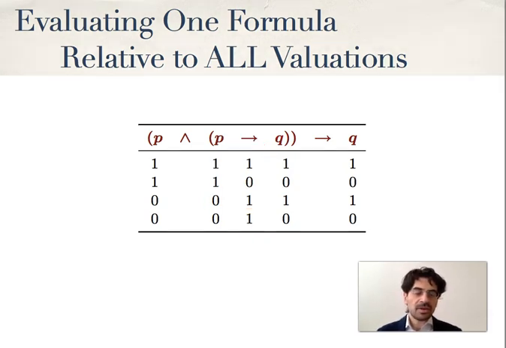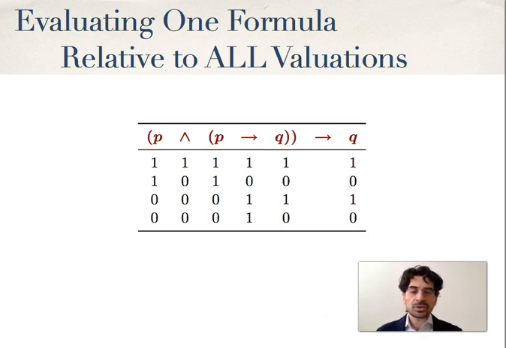The next step is to evaluate the truth value of a formula that is slightly more complex than P implies Q. This is the formula P and P implies Q. These are the truth values of this formula, listed right here. This formula is the conjunction of P and the implication P implies Q. It is easy to check that the truth values of the conjunction follow the truth table for the conjunction.